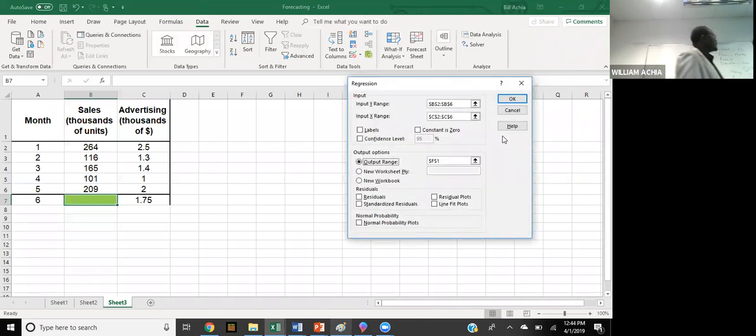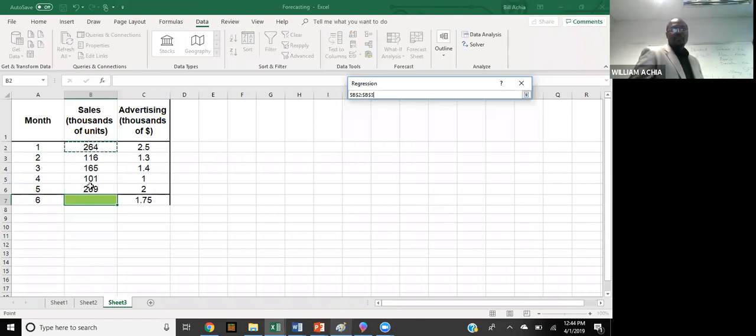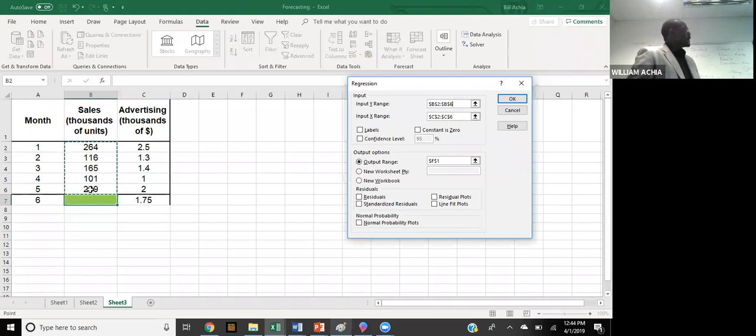Now, you're going to have to input your y information, what's on your y-axis and what's on your x-axis. Your y-axis is always your dependent variable. So in this case, sales depends on advertising. So highlight just the data for your y range. That would be, yeah, it's already given there. Okay, and for your x-axis, you input your advertising spend.